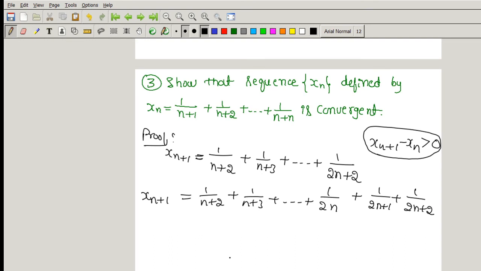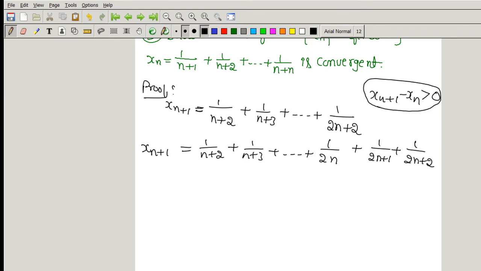In a similar way, I will write a few more terms for xn, before that 1 by n plus n. xn is 1 by n plus 1 plus 1 by n plus 2 plus so on plus 1 by n. I think that term is not needed. Okay, that's enough.